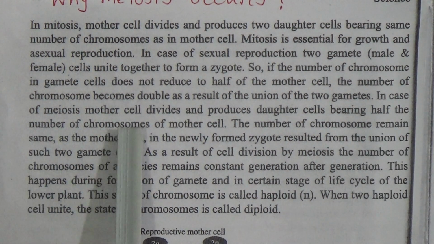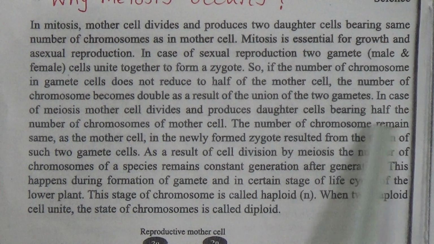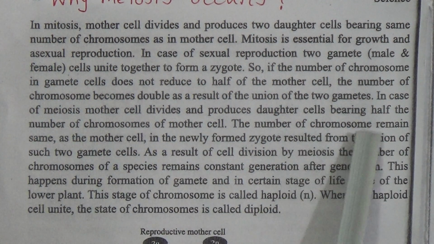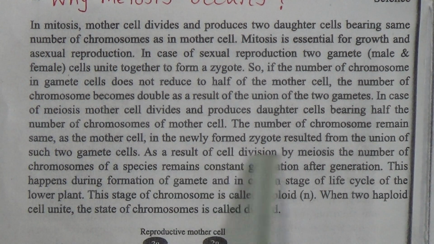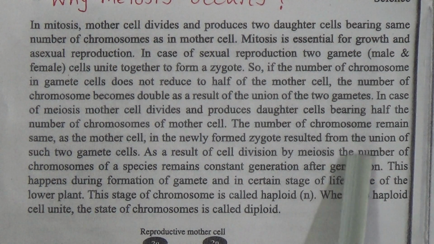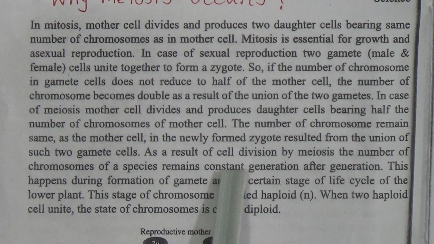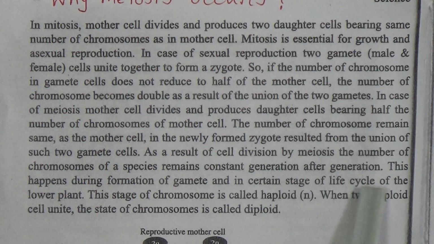In case of meiosis, the mother cell divides and produces daughter cells bearing half of the number of chromosomes of the mother cell. The number of chromosomes remains the same as the mother cell in the newly formed zygote resulting from the union of such two gamete cells. As a result of cell division by meiosis, the number of chromosomes of a species remains constant generation after generation.